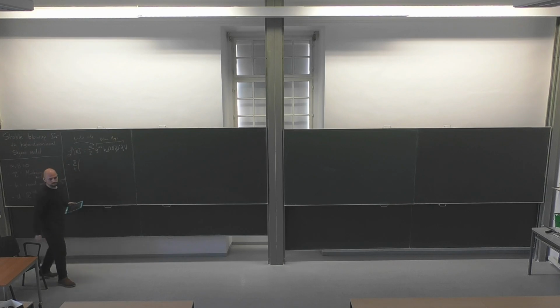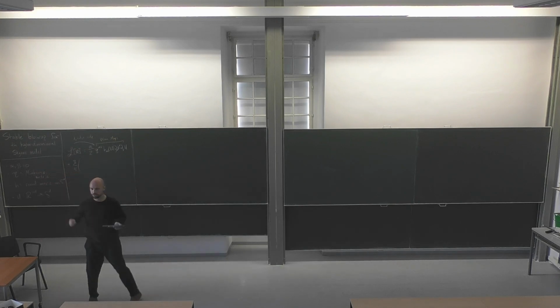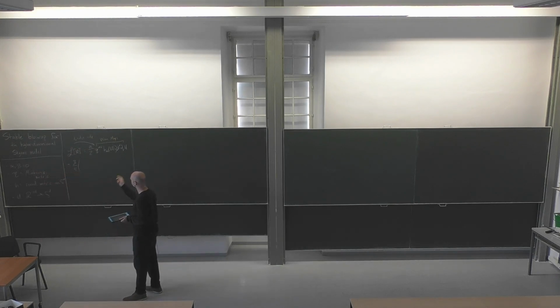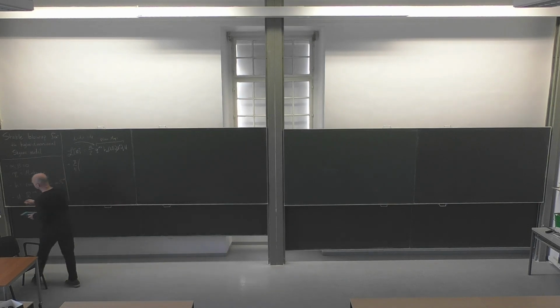I'm labeling coordinates on Minkowski space x0 through xd. And this next term is in fact going to be the sum of pair products of these eigenvalues. In other words, this next term, which I'm about to write, is lambda 0 times lambda 1 plus all ways in which I can pair distinct eigenvalues and sum them up.